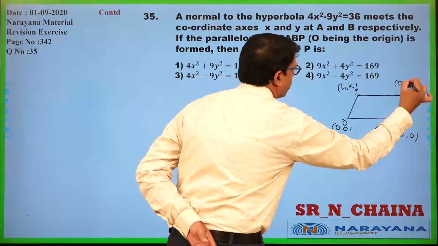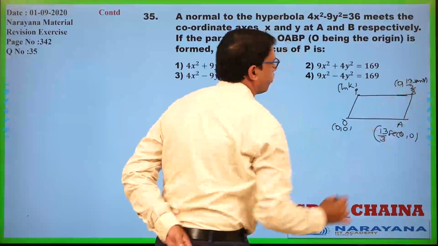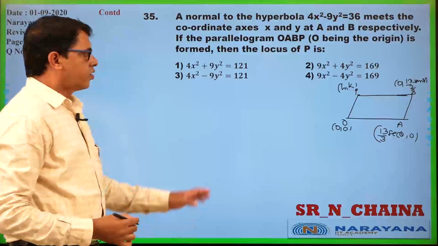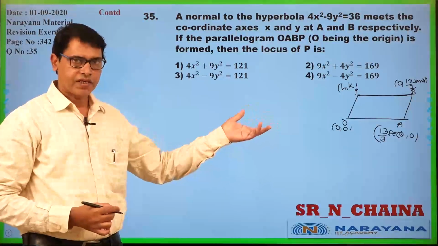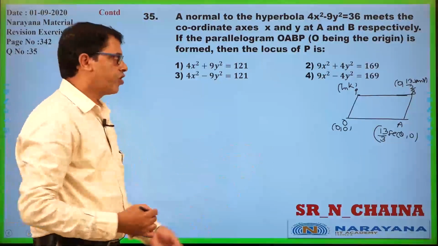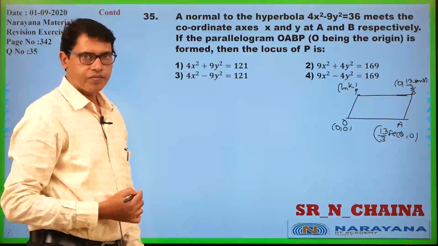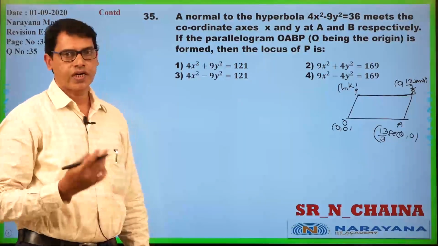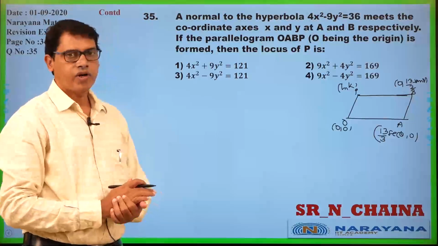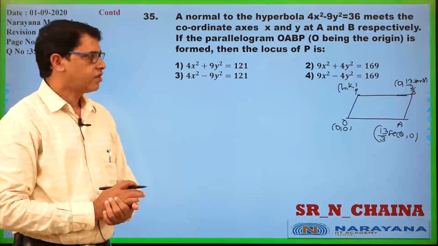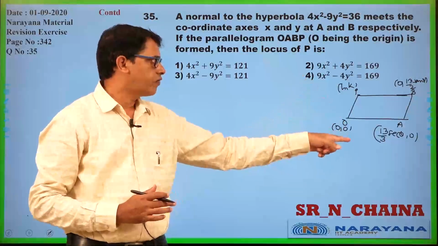B coordinates will be 0 comma 13 by 2 tan theta. So here obviously diagonals bisect each other in the parallelogram. So midpoint of OB equals midpoint of AP. Now to find the locus we need the condition, and in a parallelogram diagonals bisect each other. Therefore midpoint of OB equals midpoint of AP.